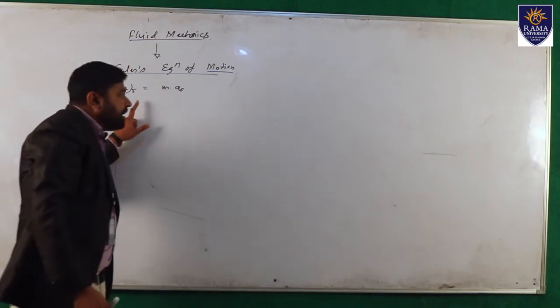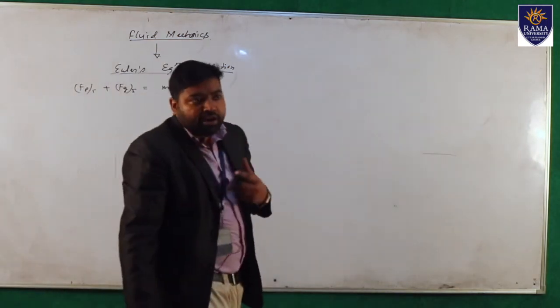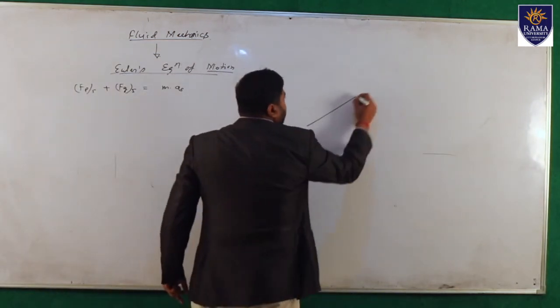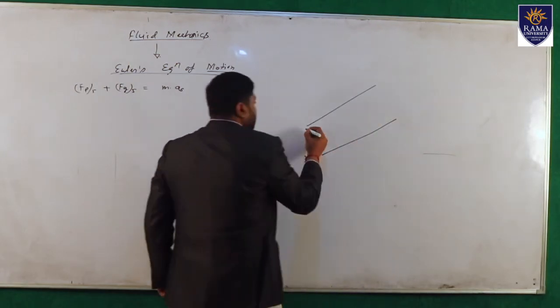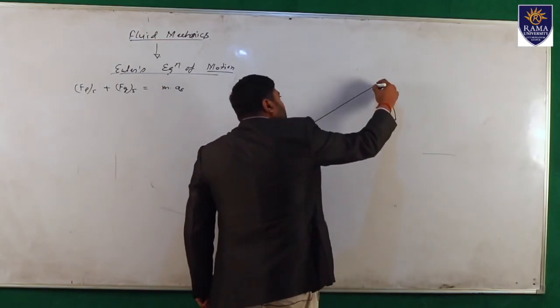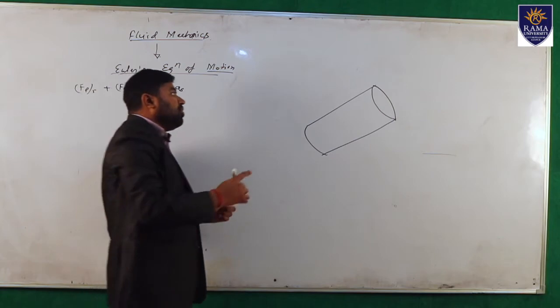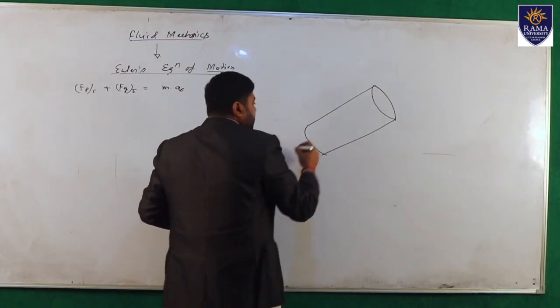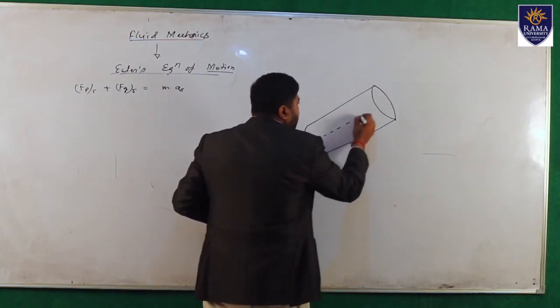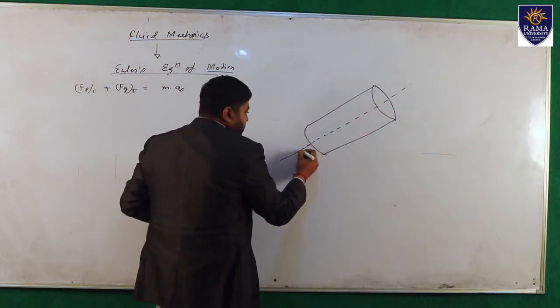To find them, we draw one element like a streamlined body, meaning all the layers of the fluid lines are similar, with no crossing of the boundary. There is another streamline passing through the center.